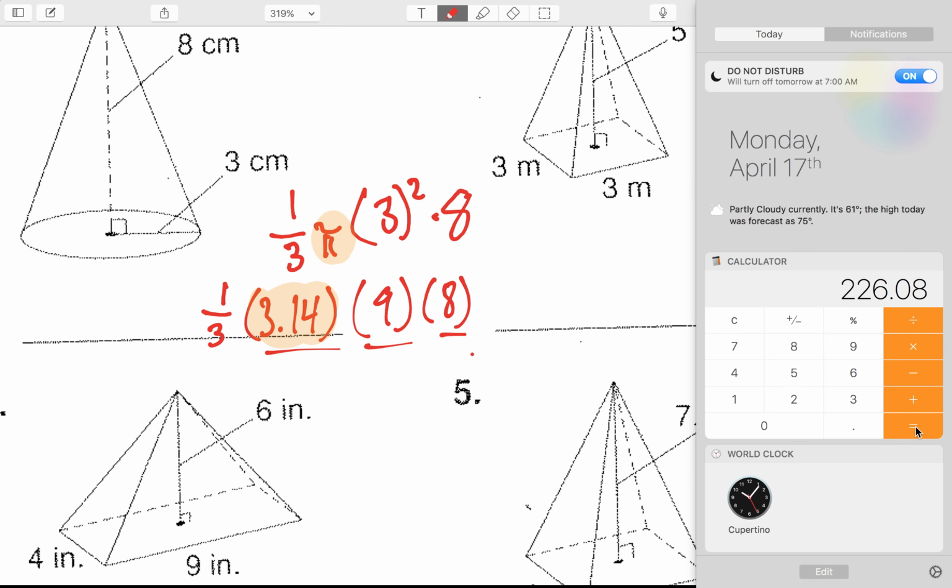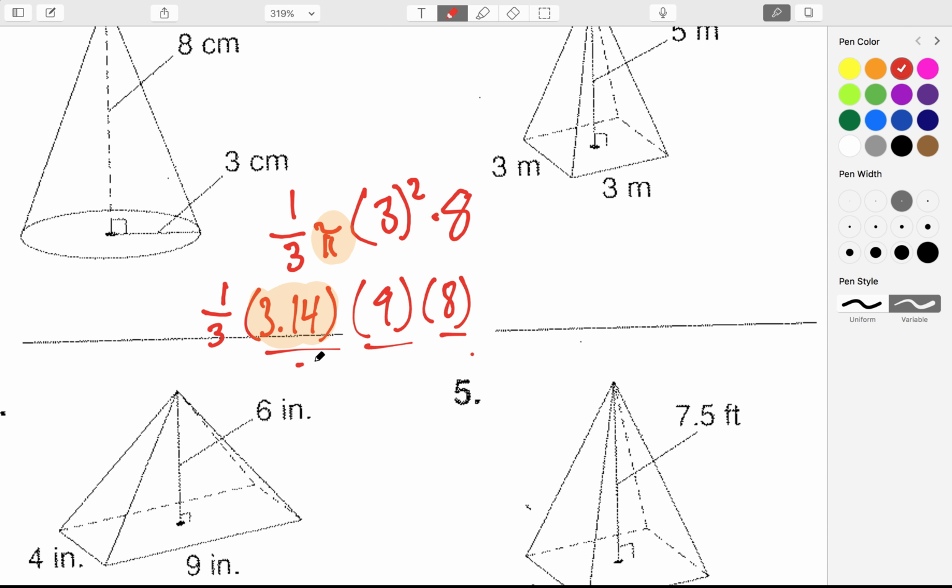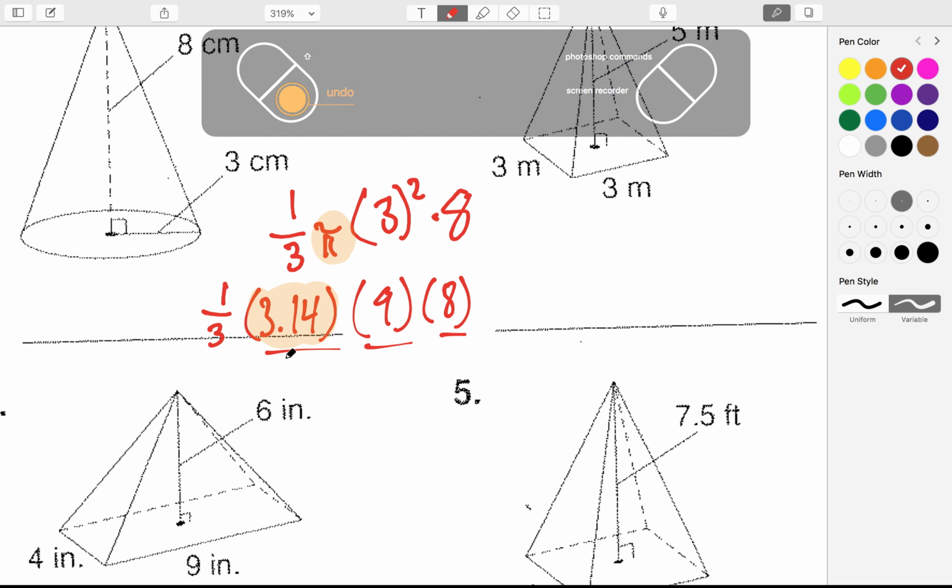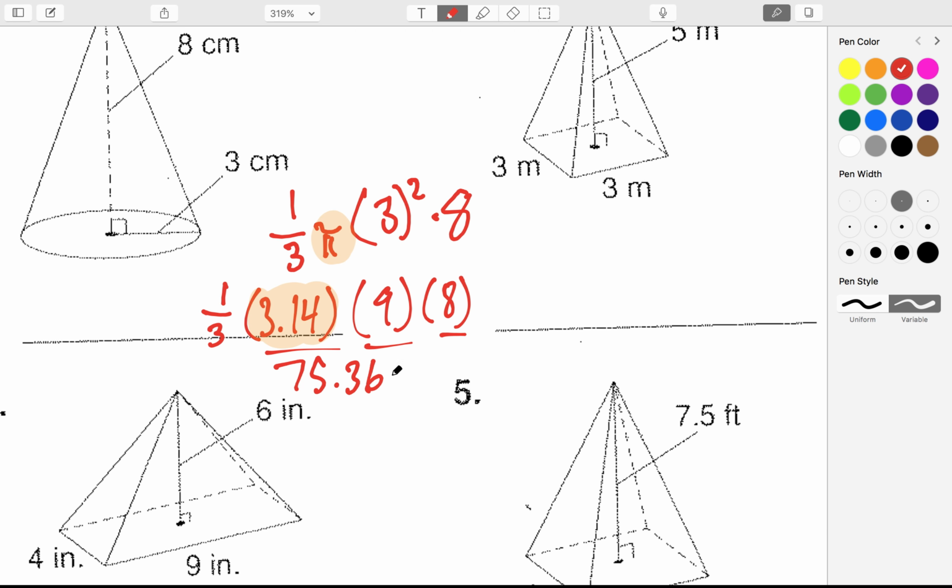That's 226.08 times a third, which is the same as saying divided by 3. So this is going to be 75.36. The unit was centimeters. Centimeters cubed. So here is your answer for number 1.